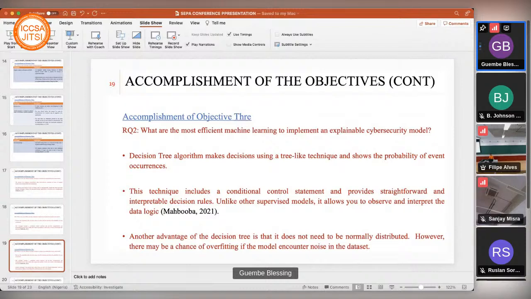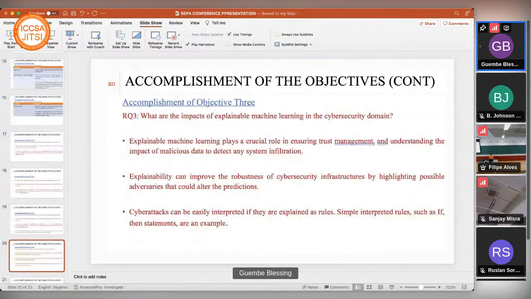In other words, the decision tree is the most efficient technique in terms of explainability and trustworthiness in detecting malicious patterns. This is due to the conditional control statement that ensures straightforward and interpretable rules. Then we also have the impact of explainable machine learning in ensuring trustworthy cybersecurity.